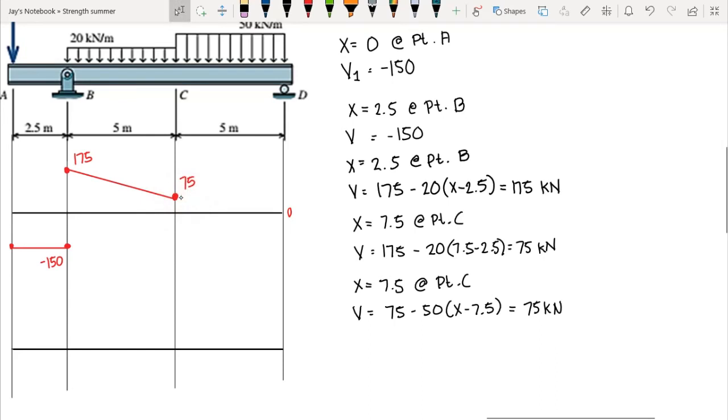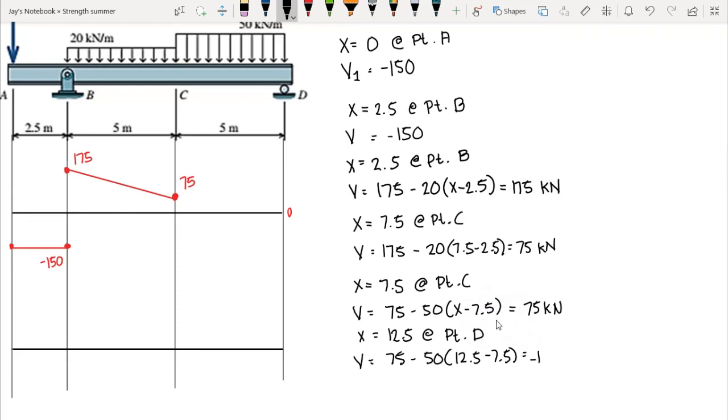Let's now proceed to point D, and we set x equal to 12.5. We have our shear point using again this equation, that is 75 minus 50 times 12.5 minus 7.5. This equals negative 175 kilonewton. So our diagram will be below our 0 reference line.